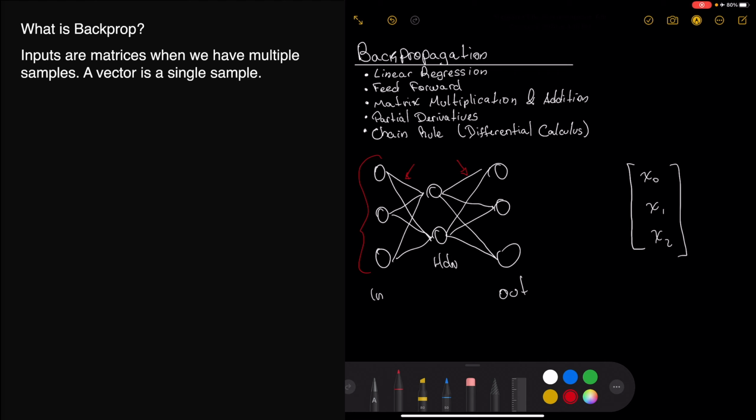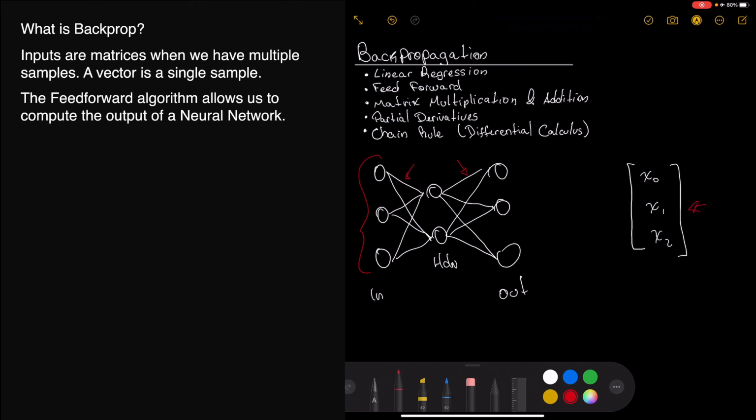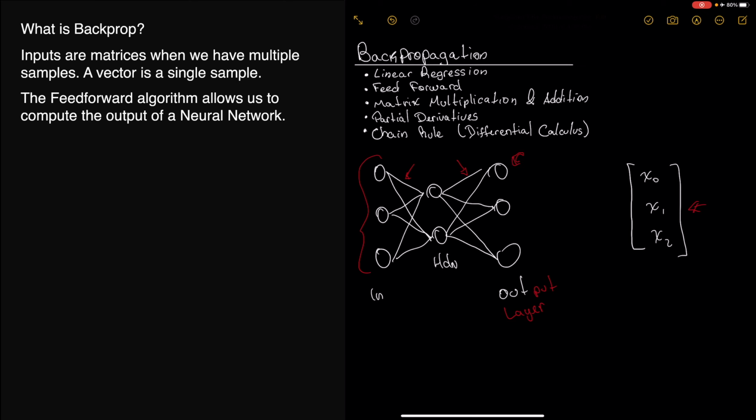Now, feed forward is about taking the input and computing an output for the neural network here. This last layer, or the output layer, is the layer that we want to find. And essentially, this would tell us something about the input. Like, for example, we have inputs that tell us maybe what food we ate.